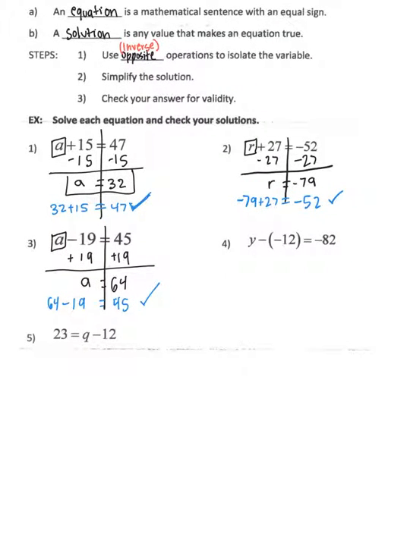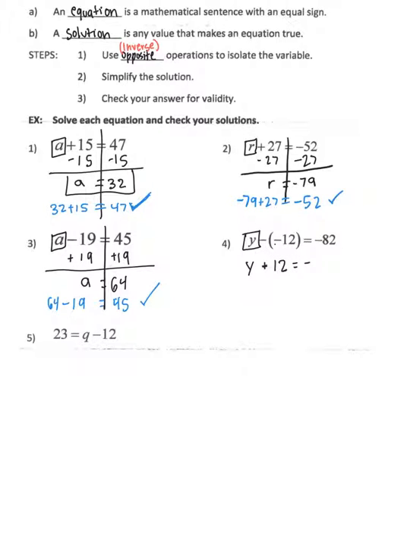Okay, number four. Alright, we're trying to get y by itself here. And this time I've got y minus a negative 12. So before I try to move that 12 to the other side, I know that if I have minus a negative, those two negatives make a positive.